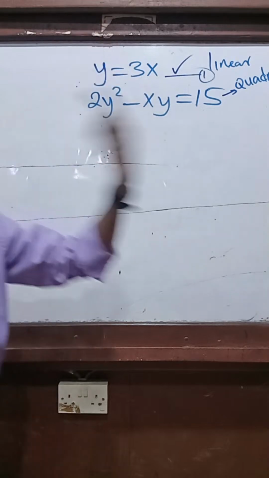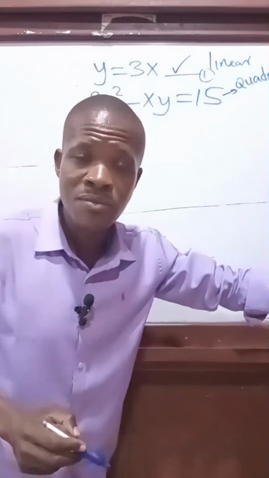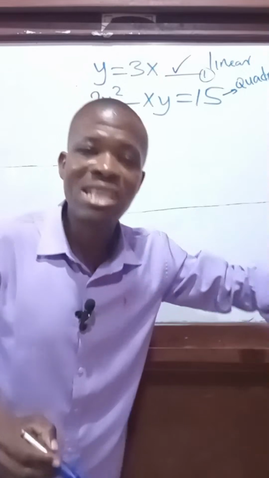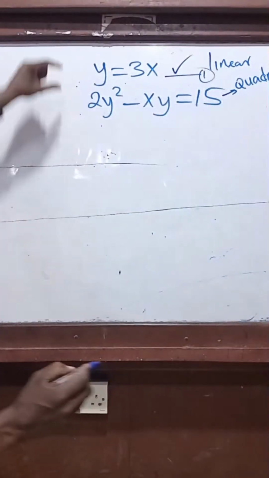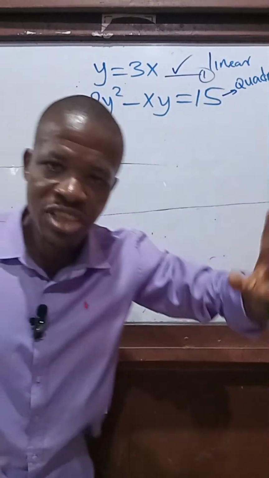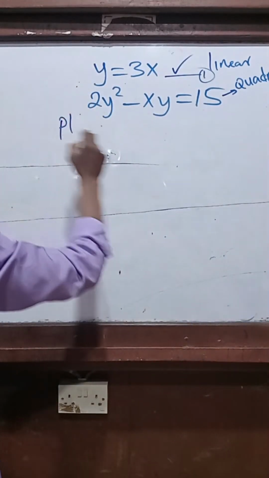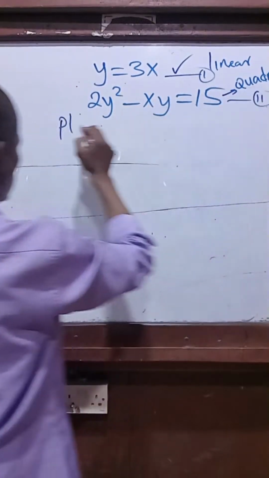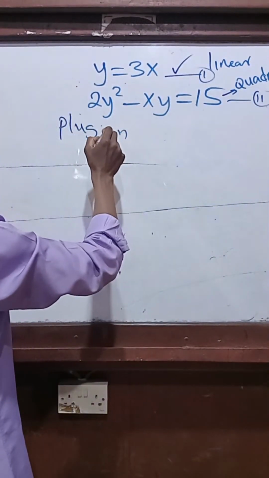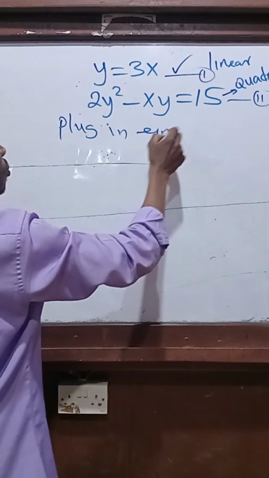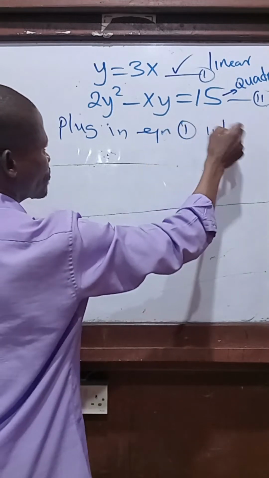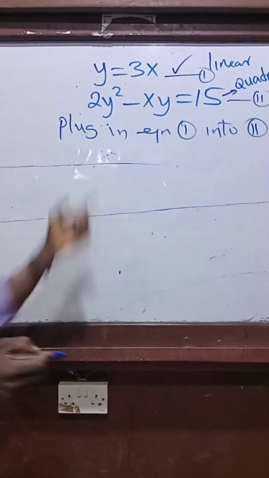You can make x the subject, but there's no need to make x the subject. We already have y as the subject of the formula. Call this one equation 2. Plug in equation 1 into 2.